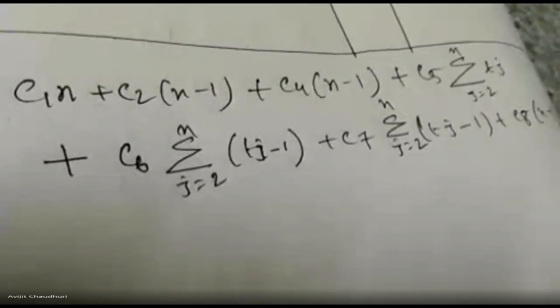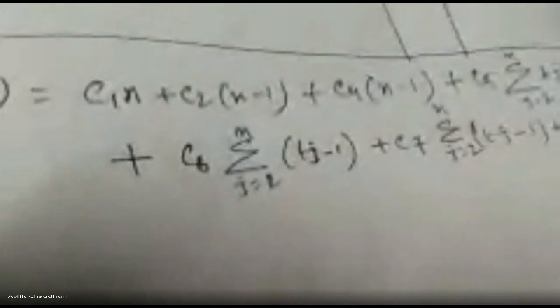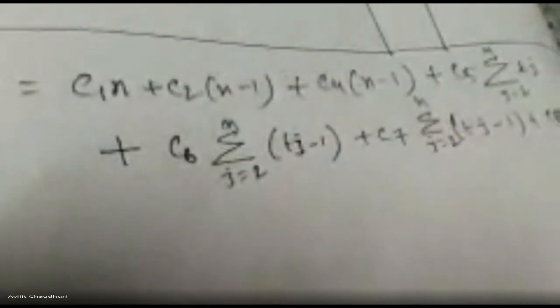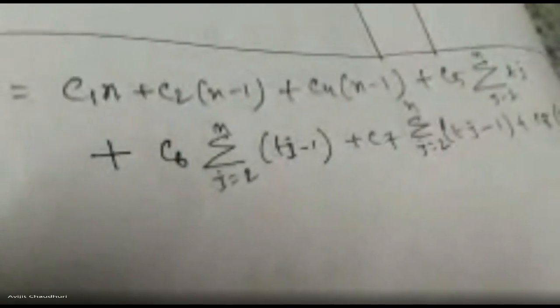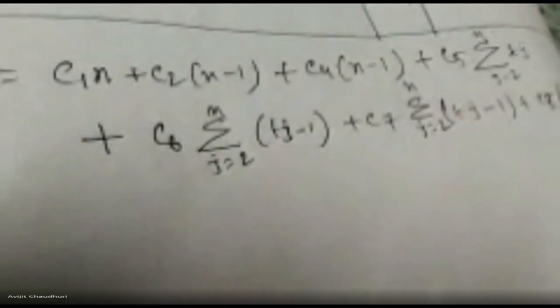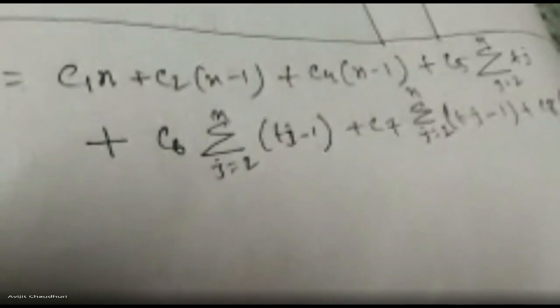So C4 into n minus 1, then C5 into the sum of Tj for j is equal to 2 to n, whatever time requirement was calculated. This is the simple Tj multiplication, plus C6 times Tj.